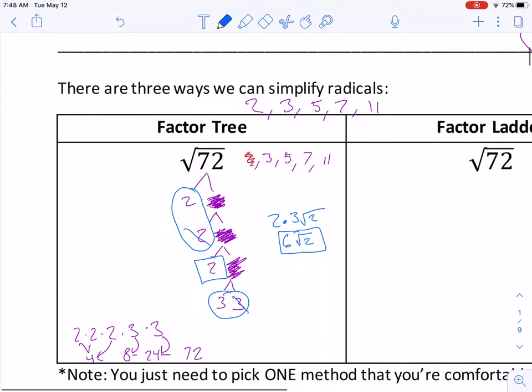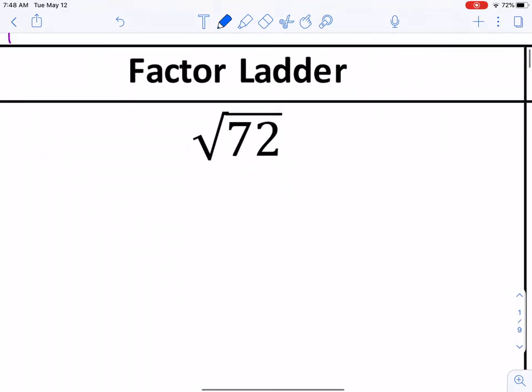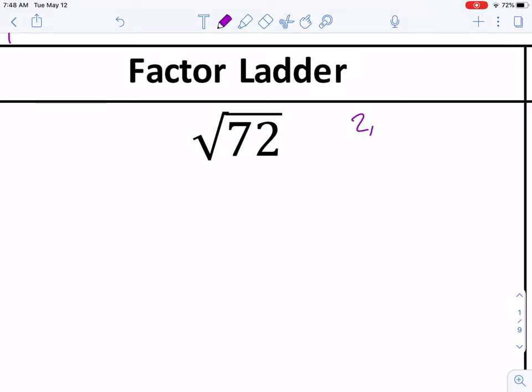I'm going to show you the same problem now using a factor ladder. And these are just different ways of organizing your work. So the factor ladder, again, I'm going to use prime factors, 2, 3, 5, 7, 11. So I'm going to start with 2's. And this is what a factor ladder would look like.